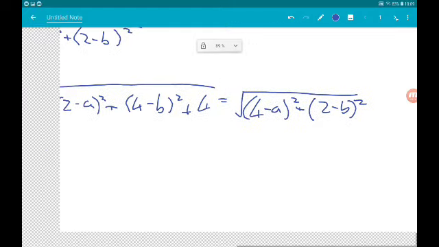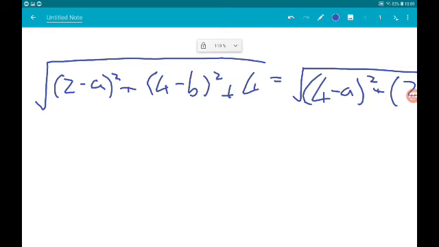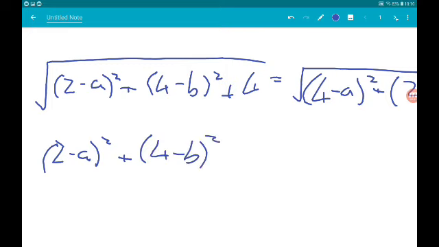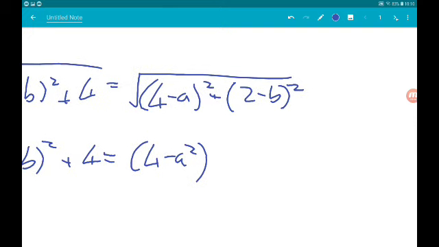Okay, right, square both sides, so we get (2 minus a) squared and (4 minus b) squared, add 4 is equal to (4 minus a) squared, add (2 minus b) squared.